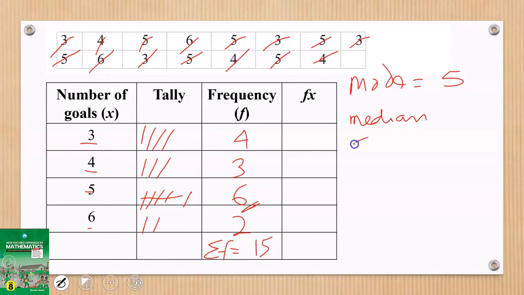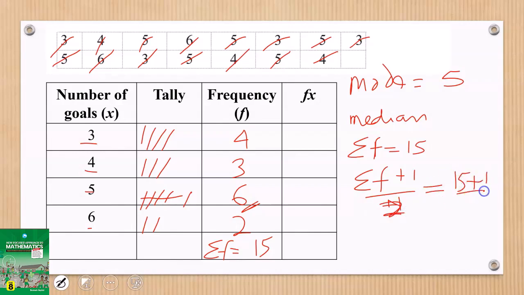And so here, since our total frequency is equal to 15, we are going to have total frequency plus 1, divided by 2. So this is going to be 15 plus 1 divided by 2, which is 16 divided by 2.